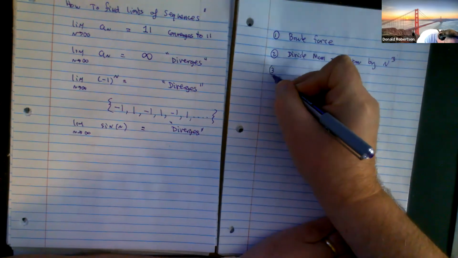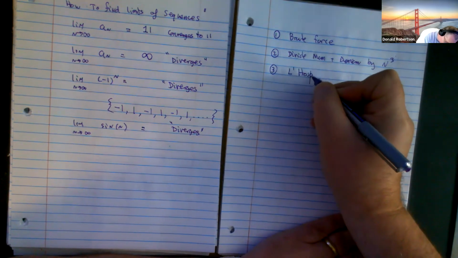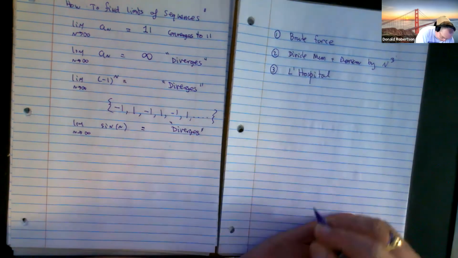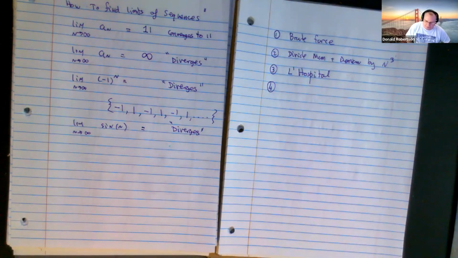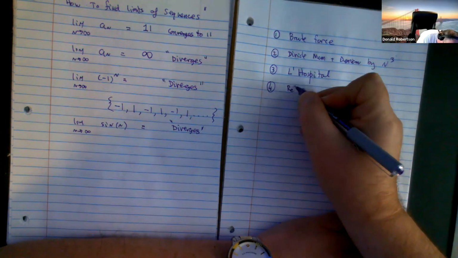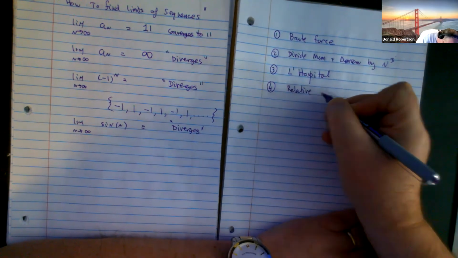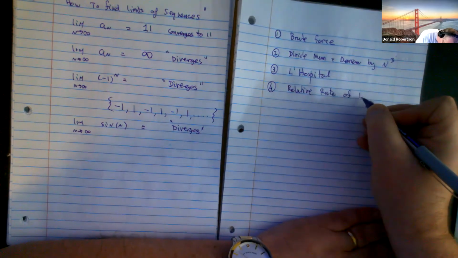The third technique is a guy that you haven't met for a while, L'Hopital. And the fourth one, which you've never seen, so this is a new one for you probably, for most of you, is the relative rate of increase.